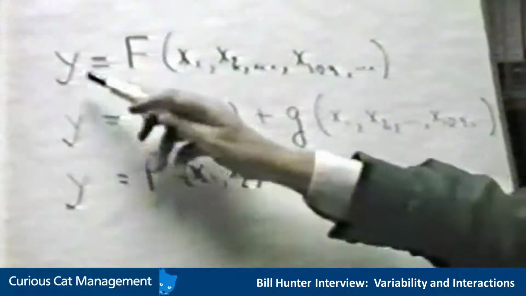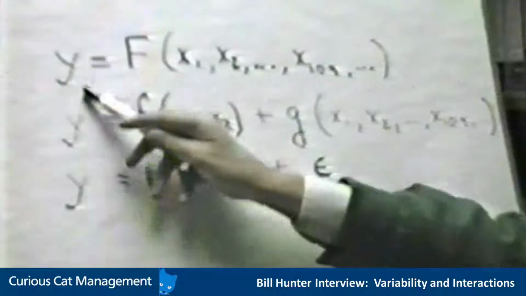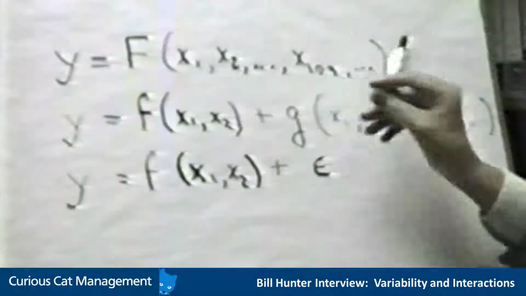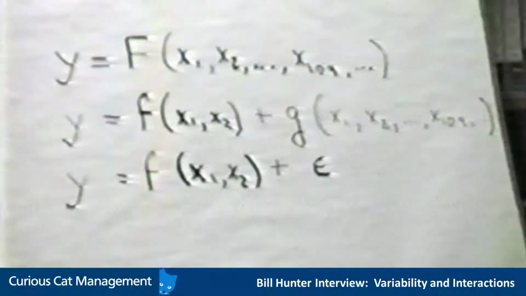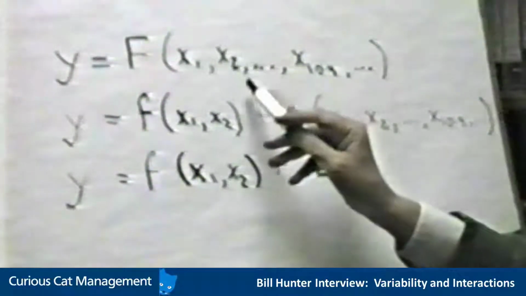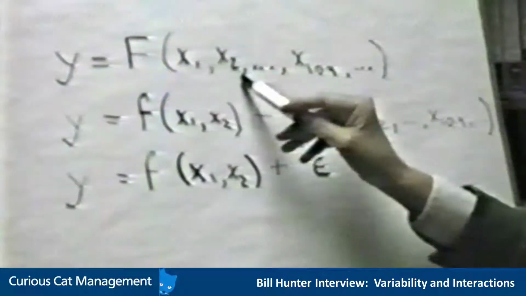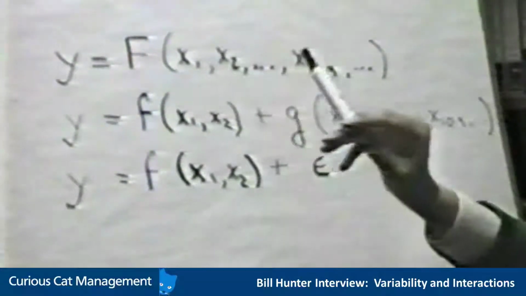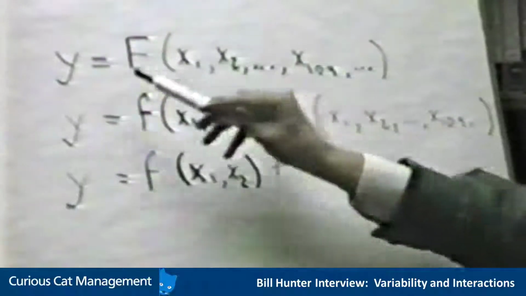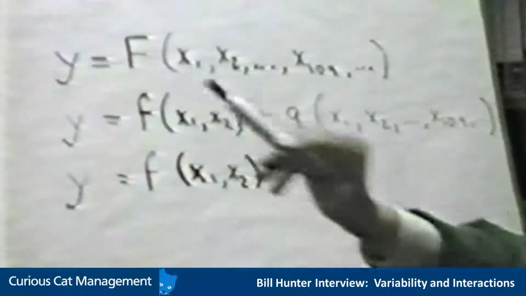So you may have not just a single number over here, you may have a set of numbers that's a function of all these things. And then furthermore, you get into questions in many situations where you don't know, I mean, these are supposed to be x's you fix, like temperature and pressure, and you run your experiment, and then you get out something like a yield or a taste or a performance.